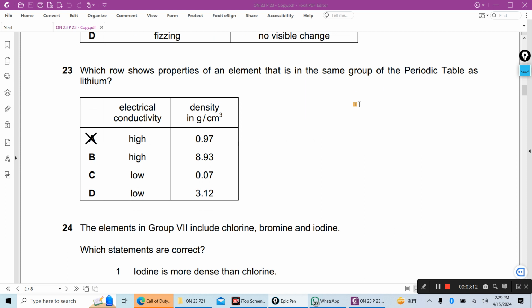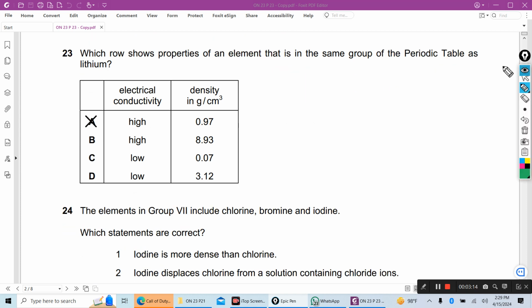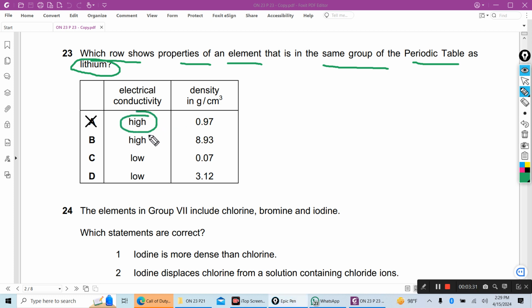23. Which row shows properties of an element that is in the same group of the periodic table as lithium? Group 1, lithium. So lithium has high electrical conductivity and their density is low, 0.97 gram per centimeter cube.